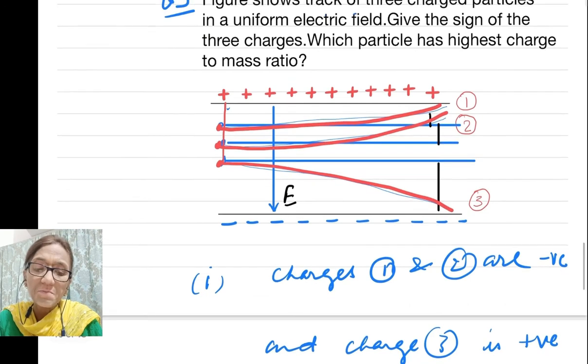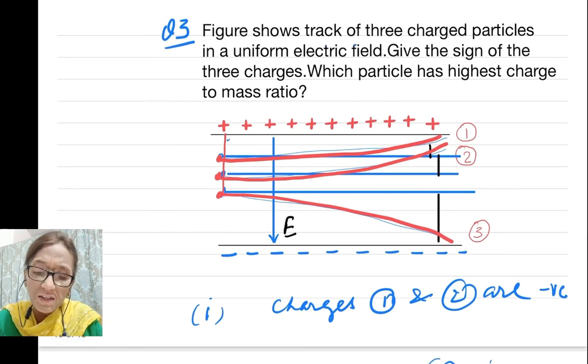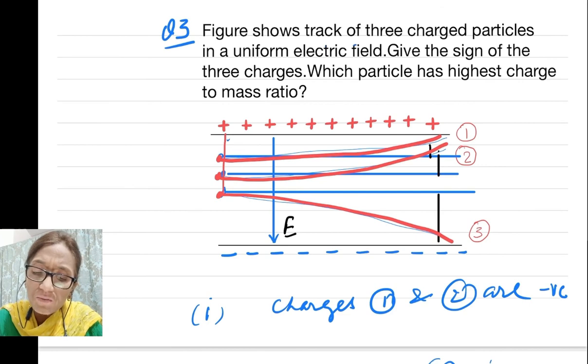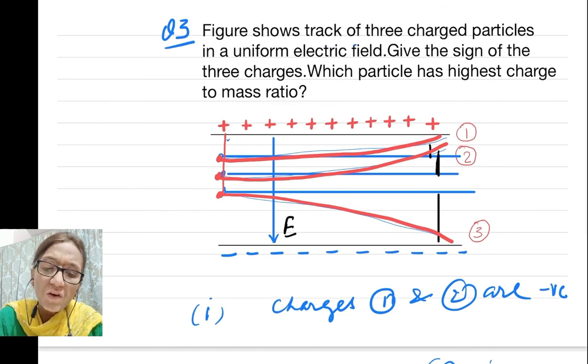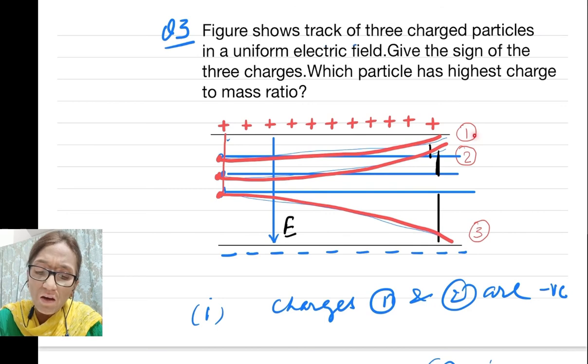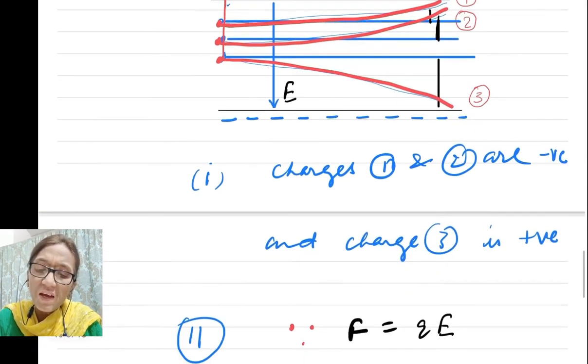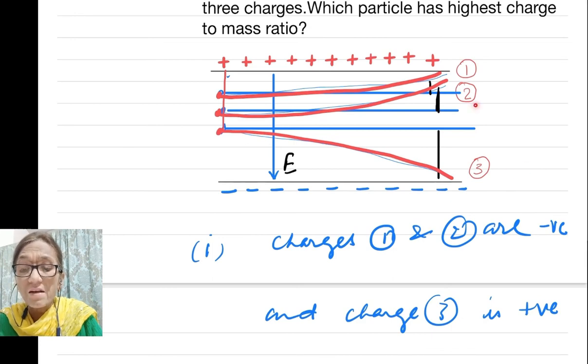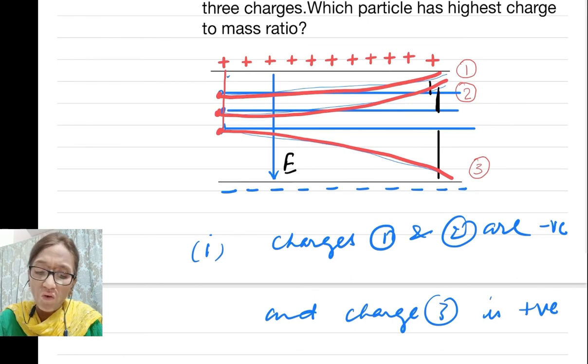Here you can see what is the vertical distance in case of 3, this much. In case of the second particle, the vertical distance is this much. And in case of the third particle, that is particle 1, it is the smallest vertical distance. So from here you can see the largest vertical distance is for particle 3, second largest for 2, and the minimum vertical distance is for particle 1.